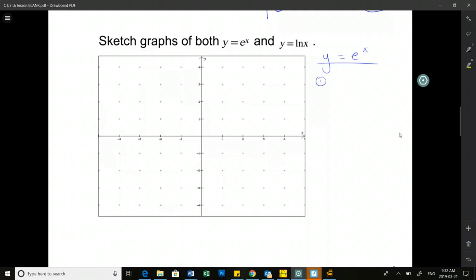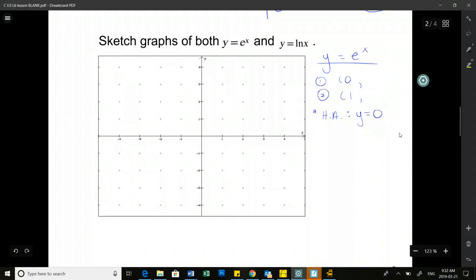If you wanted to do -2 to +2 and sub them into your equation and get your y's, you can do that. But we need the 0 point, we need the 1 point, and any basic exponential function like this, some base to the exponent x, will have a horizontal asymptote resting on the x-axis, or y equals 0. And then I just get my y's.